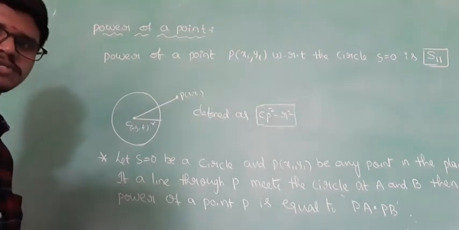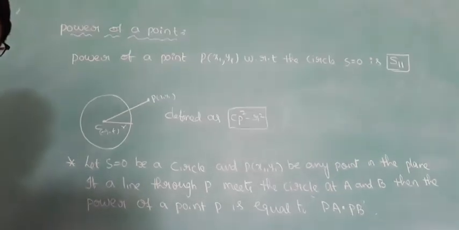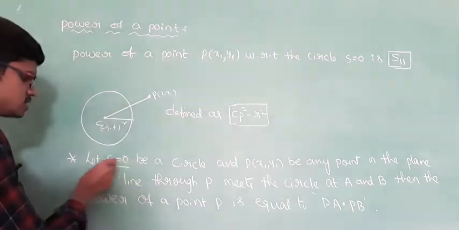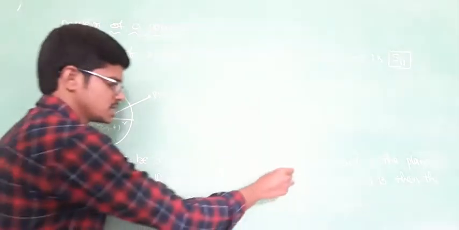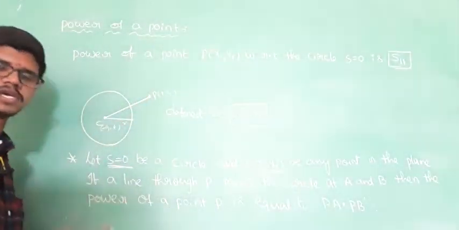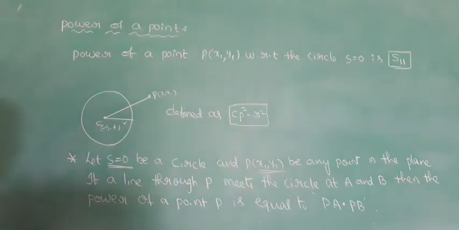Okay, see students, a small application in this. S = 0 is a circle and P is any point on the plane, whether it is interior or exterior to the circle.